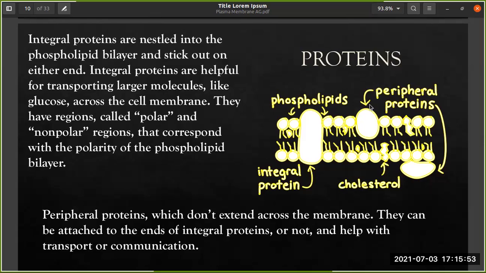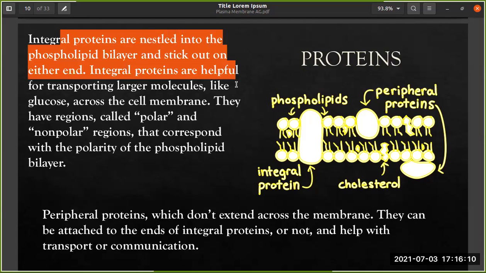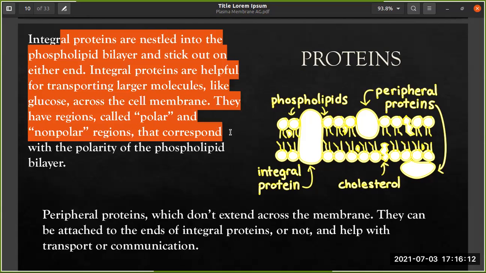And peripheral proteins are attached to one side. This is one peripheral protein over here, and this is another peripheral protein over here. Apart from that, you have cholesterols in between. Integral proteins are nestled into the phospholipid bilayer and stick out on either end. Integral proteins are helpful for transporting larger molecules like glucose across the cell membrane.